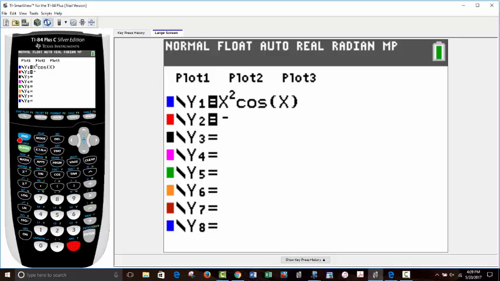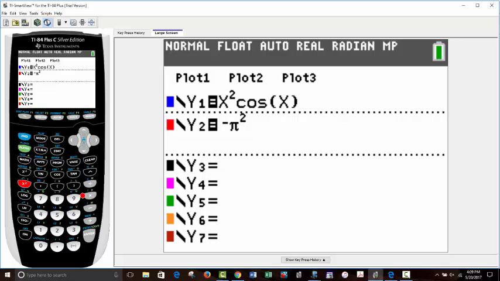Negative pi squared divided by 4, x. And don't let that bother you in the calculator. The calculator knows that, in other words, the x is not in the denominator with that 4.